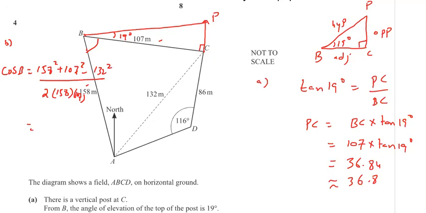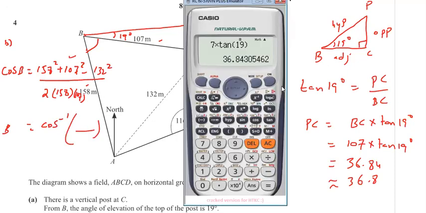So if I calculate it, finally B will be equal to cos inverse of all that value. Let's calculate it now. Taking cos inverse of (158 square plus 107 square minus 132 square) divided by 2 into 158 into 107.